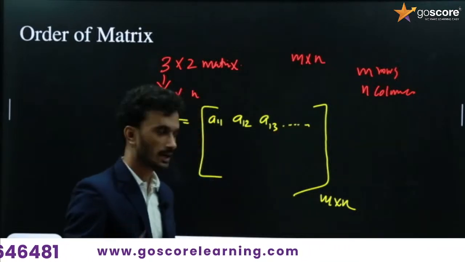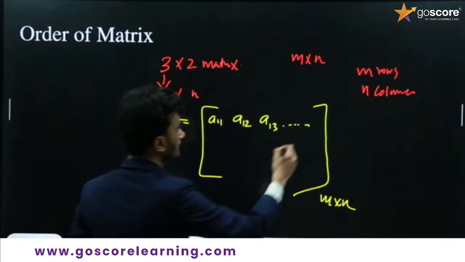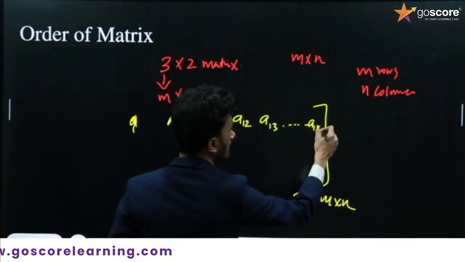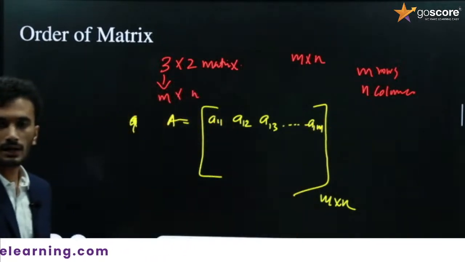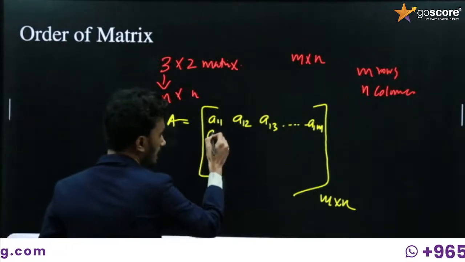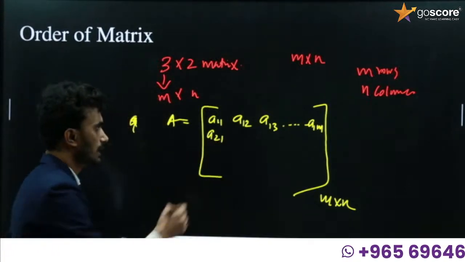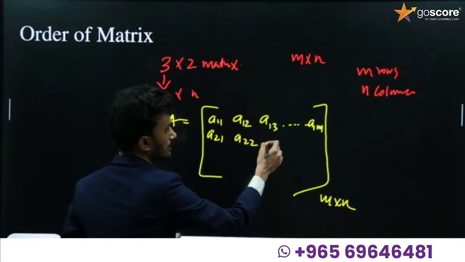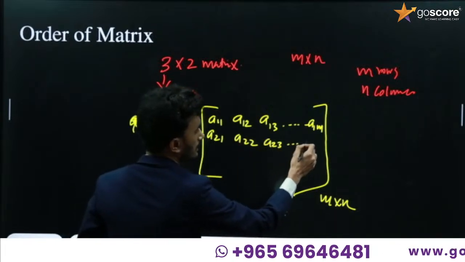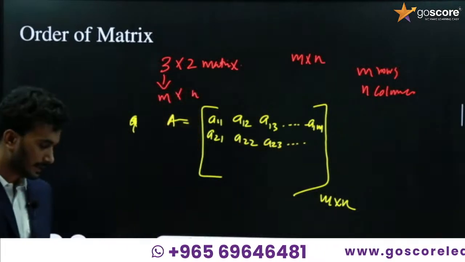What will be the last one? A1m. Next element is A21, A22, A23. What will be the last one?